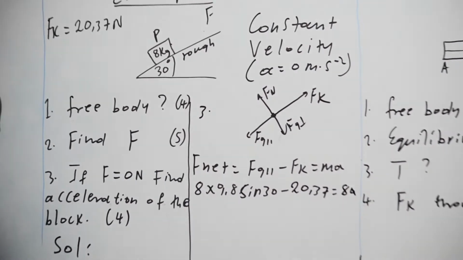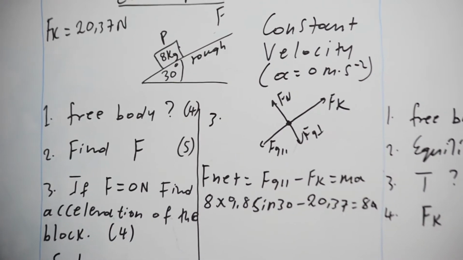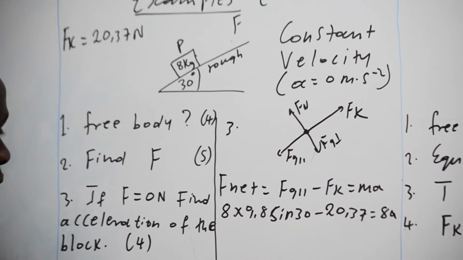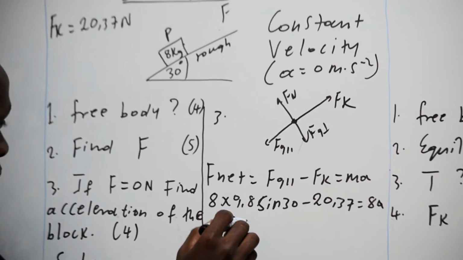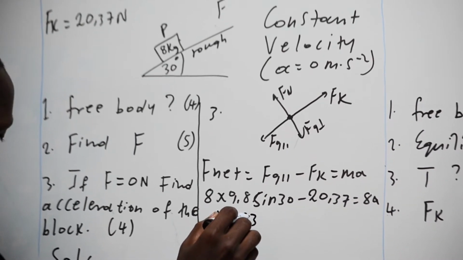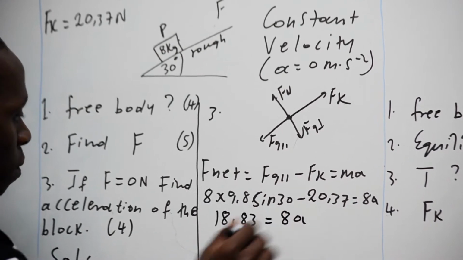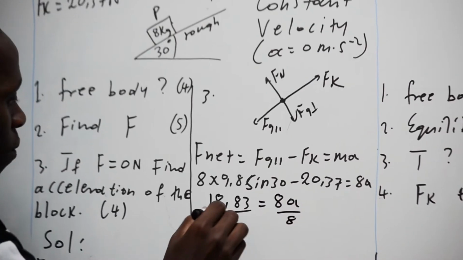When I add the two values, 8 times 9.8 times half minus 20.37, I get 18.83. So 18.83 equal to 8A. Then you divide by 8 on both sides to find A.